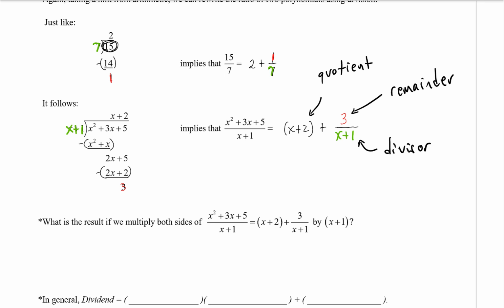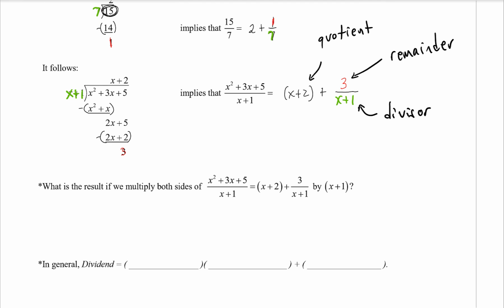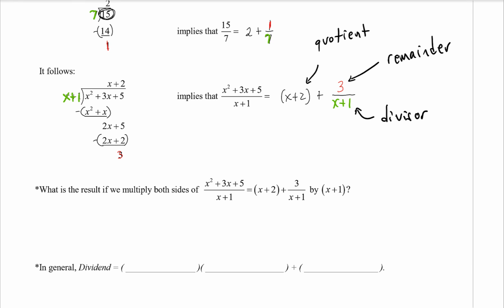So I would take the quotient, which is 2, times the divisor, which is 7, plus the remainder to get 15. So in general, the dividend is simply the quotient times the divisor plus the remainder.